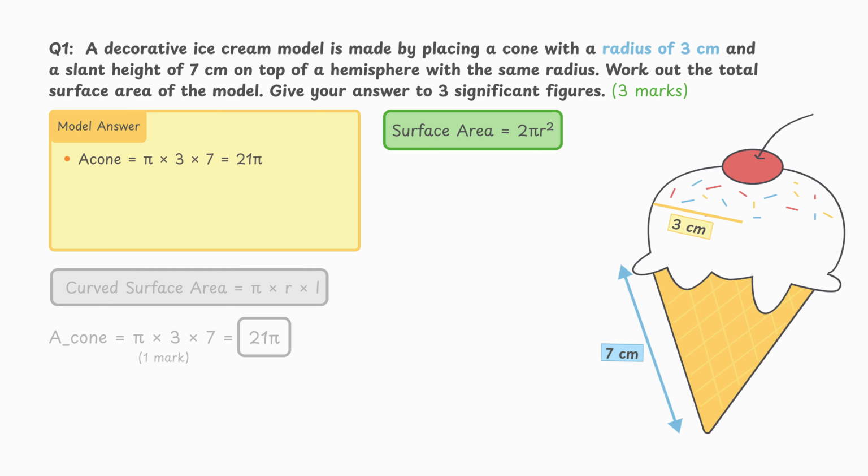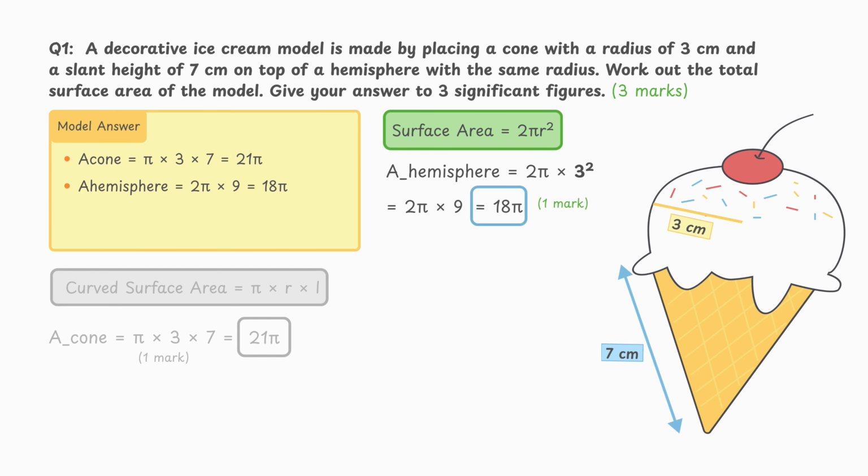So we substitute r equals 3 into the formula. A hemisphere equals 2 pi multiplied by 3 squared. Now remember, 3 squared means 3 multiplied by 3. So 3 squared equals 9. That gives us 2 pi times 9. 2 multiplied by 9 is 18. So the curved surface area of the hemisphere is 18 pi.